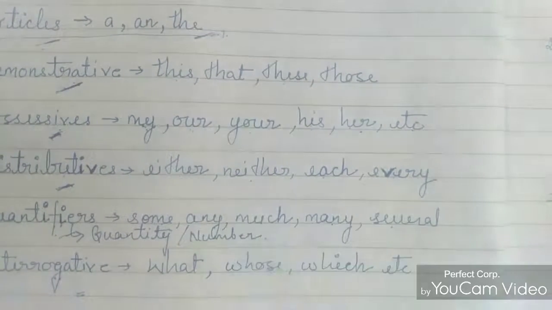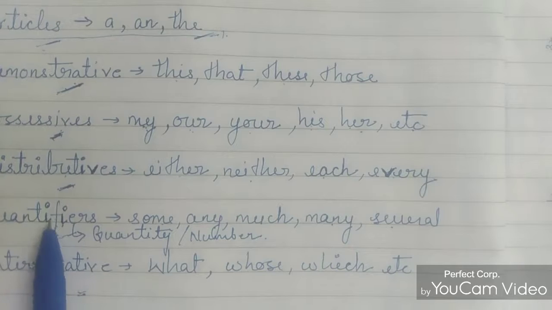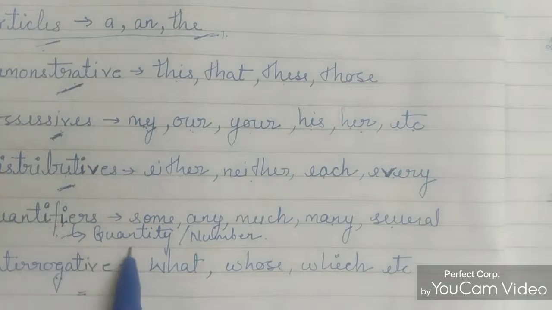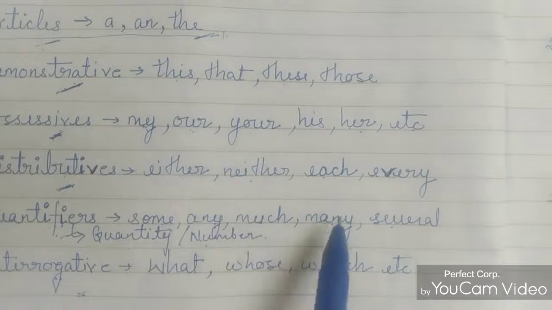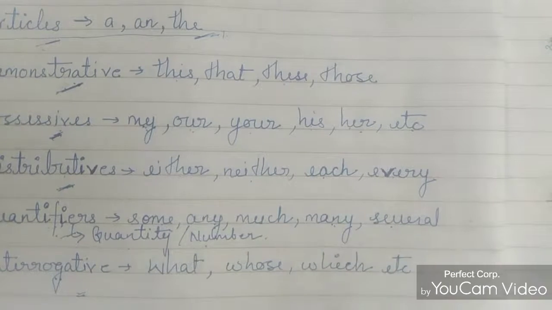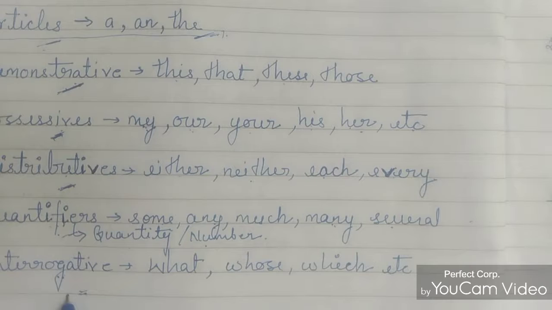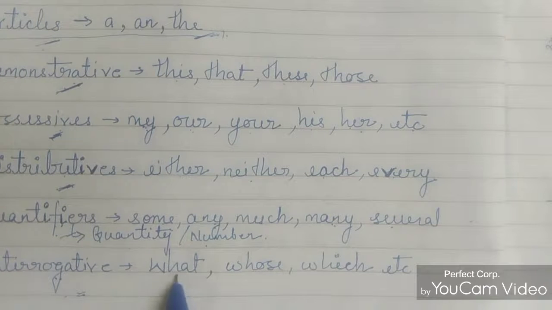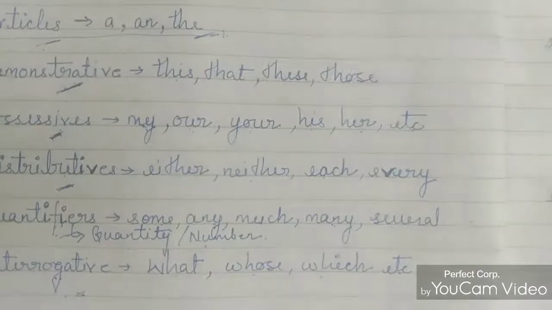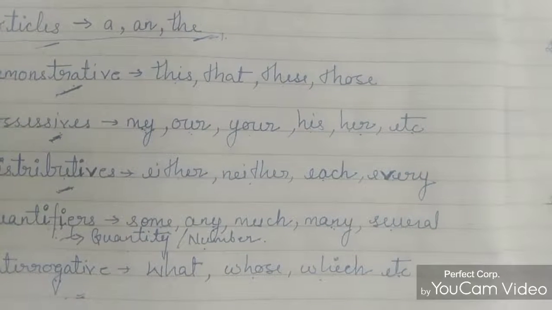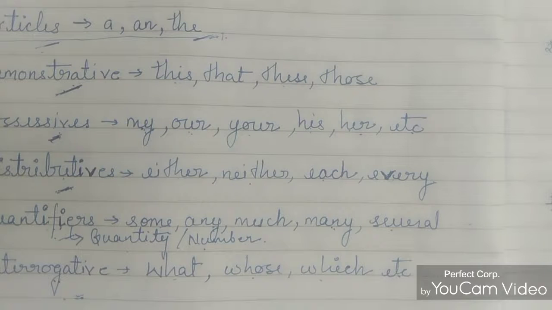Quantifiers: quantity or number, like some, any, much, many, several, etc. Interrogative, the WH family words: what, whose, which, etc. So all these are called determiners. There are six kinds: articles, demonstrative, possessive, distributives, quantifiers, and interrogatives.